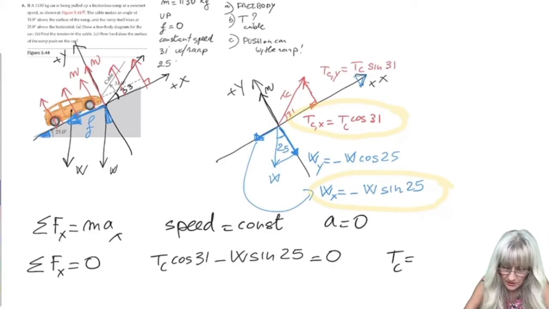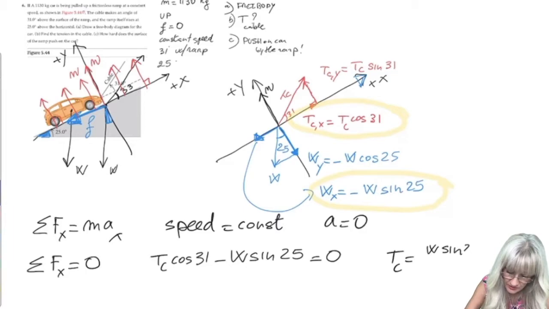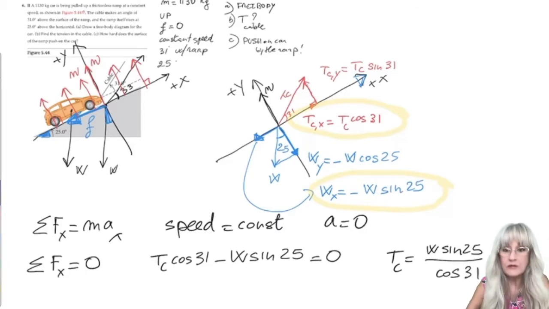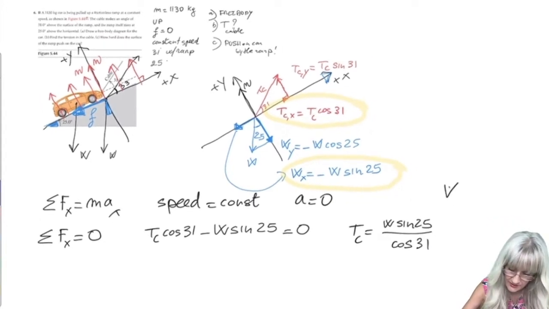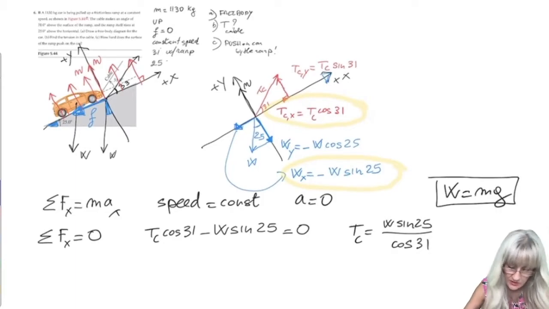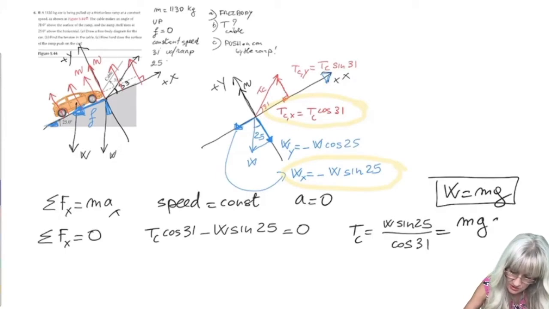by doing W sine of 25 divided by cosine of 31. Wait a second, because I know what the weight is, which is only mg. So I'm going to plug in mass times g, and this sine is very easy to compute.